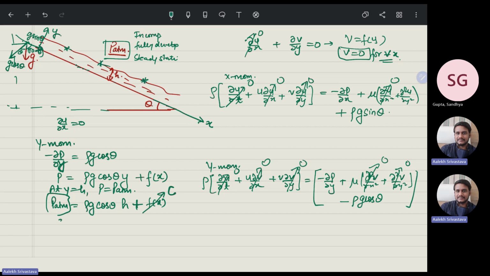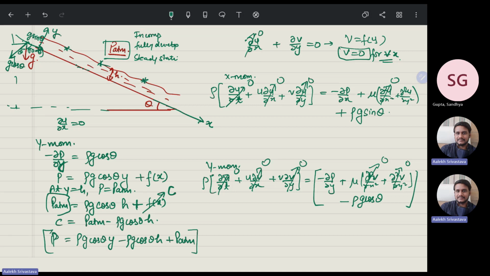So your C is equal to p atmospheric minus rho g cos theta into h. Simply putting the C value, that is your f of x, p is equal to rho g cos theta into y minus rho g cos theta into h plus p atmospheric. Okay, so it is like this.